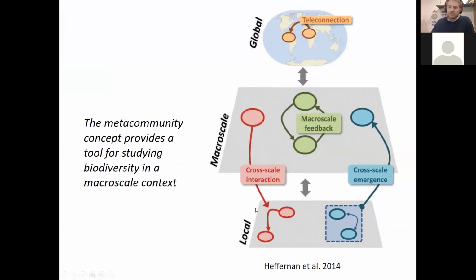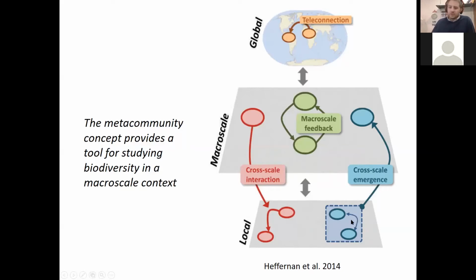So this figure is from Heffernan et al. in Frontiers in 2014, describing macro scale ecology and some of the concepts of why it's important to think across scale. Metacommunity ecology essentially gives us a tool and fits really nicely into thinking about how things scale up from local to regional.